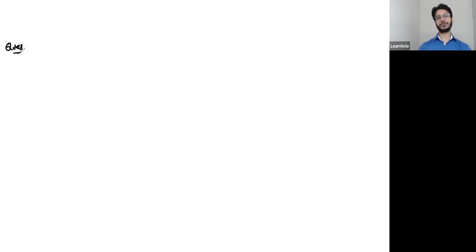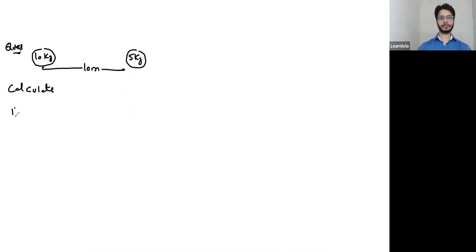Okay, solve this question. This is very straightforward. You have a mass of 10 kg, another mass of 5 kg, placed at a separation of 10 meters. Calculate potential energy of the system. Second, I need work done to make the system.